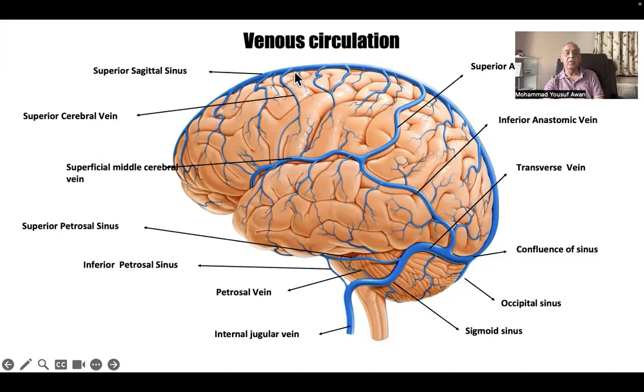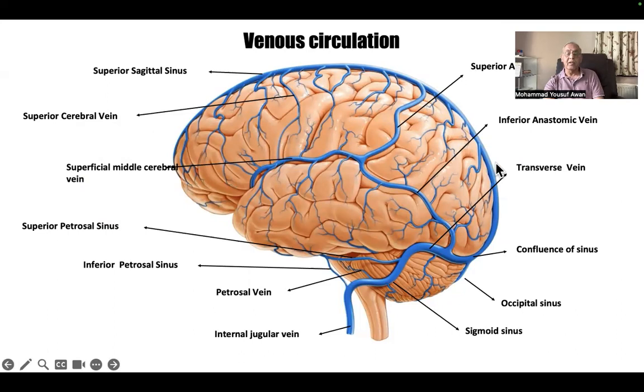The important one is the superior sagittal sinus, which is on the top of the brain, running adjacent to the center of both hemispheres, and then from the posterior, the occipital sinus and sigmoid sinus, which drain from the brainstem, and there are also veins along with the major arteries, like the middle cerebral vein and superior cerebral veins.